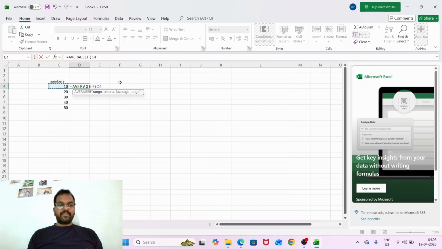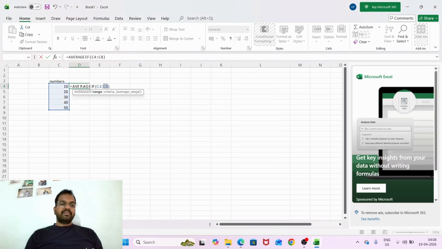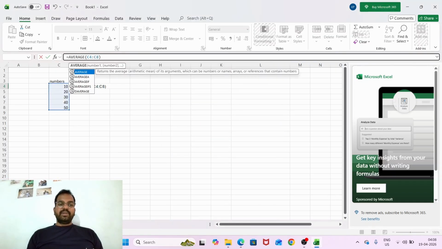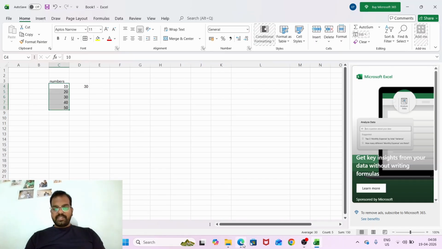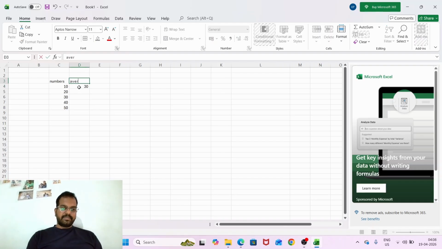We'll take the range, then done. We can take the average here. If you see, the average is 30. This is average.